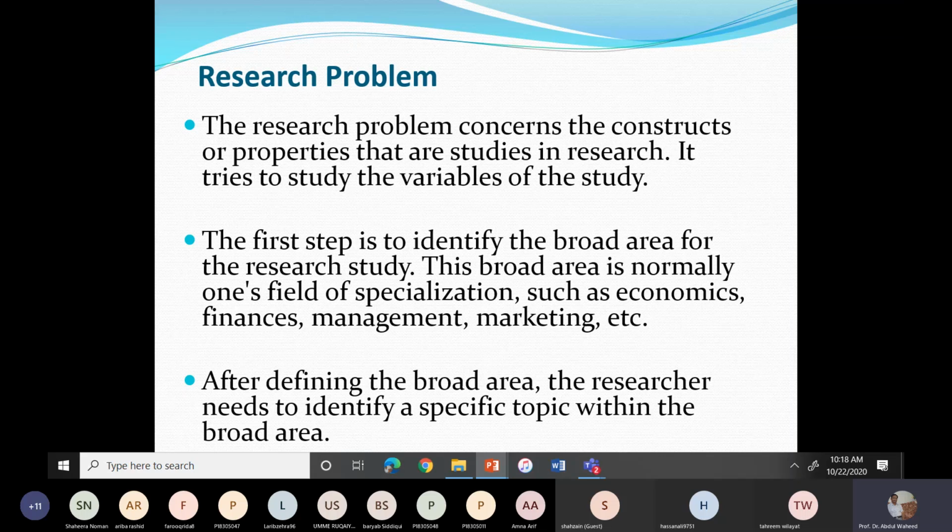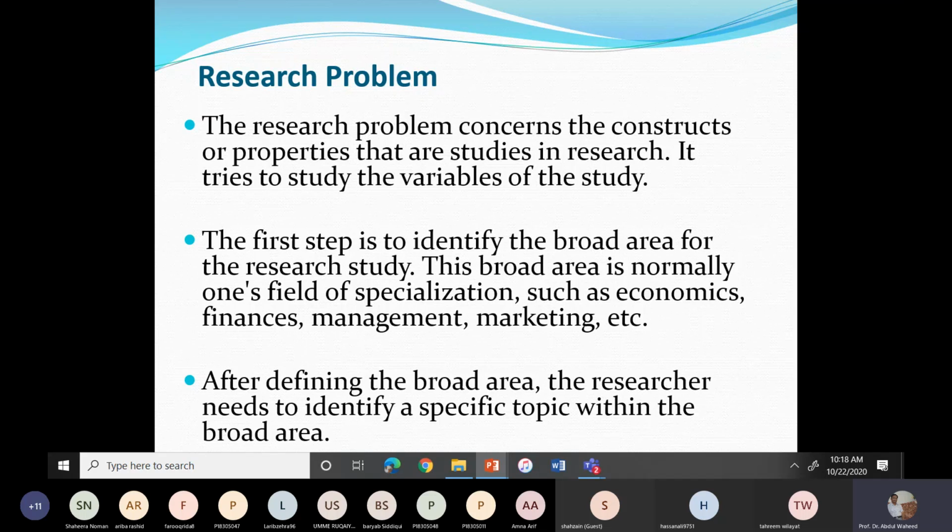For example, I say my broad area is economics, and then I will conduct research on external debt. My broad area is economics, and I will conduct research on foreign direct investment. My broad area is economics, and I will conduct research on inflation or unemployment.